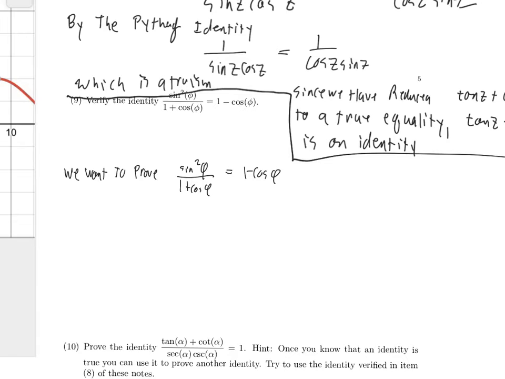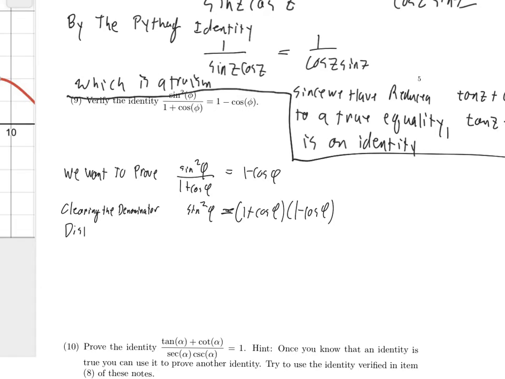Well, I see a fraction on the left-hand side, so let's clear that denominator. Clearing the denominator, we get sine squared phi is equal to 1 plus cosine phi times 1 minus cosine phi.